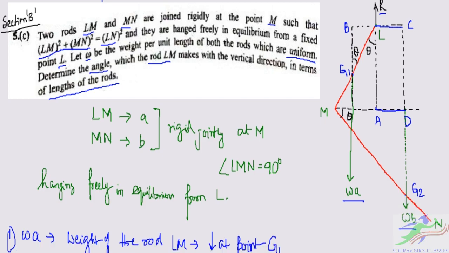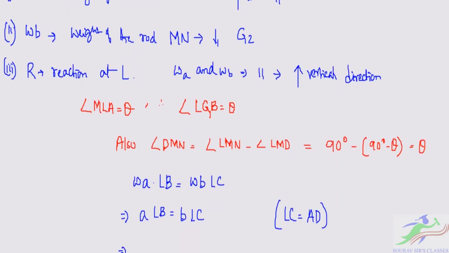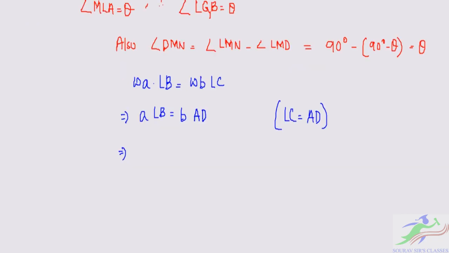From the figure, LC is equal to AD. So we replace LC with AD, where AD is MD minus MA.